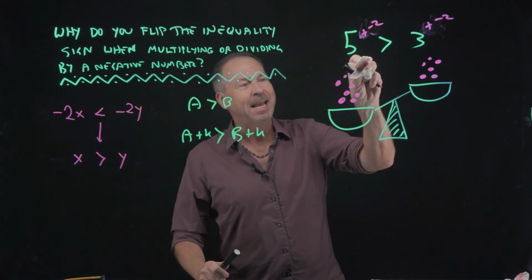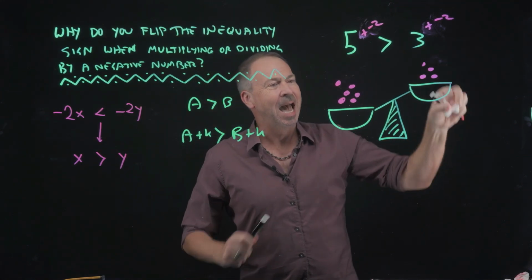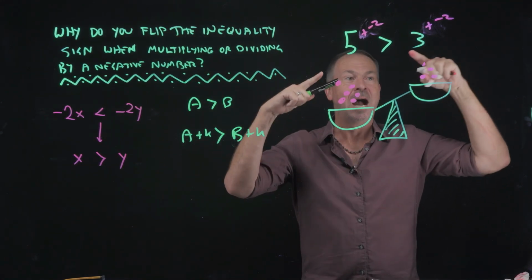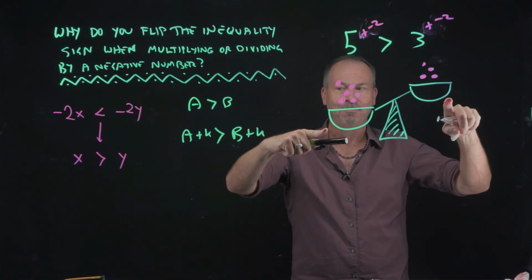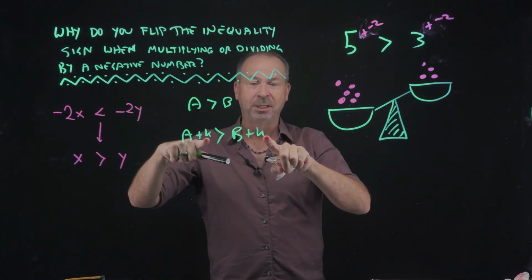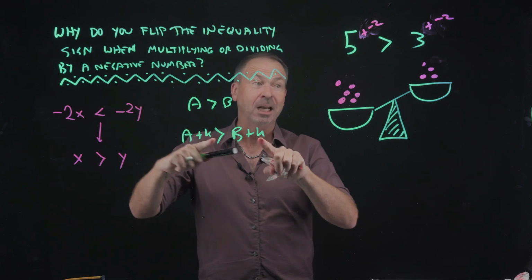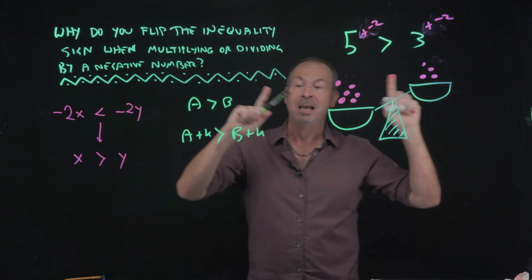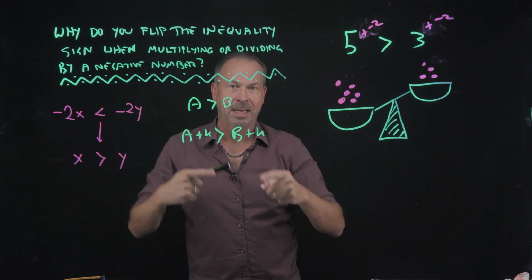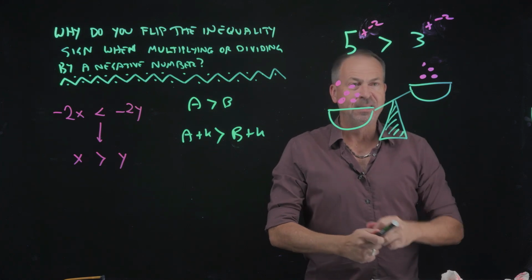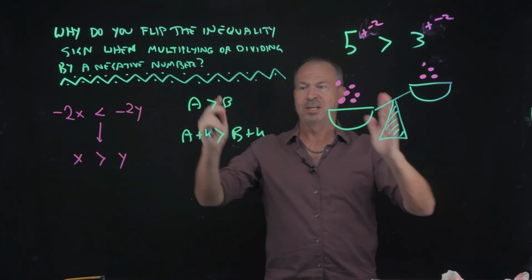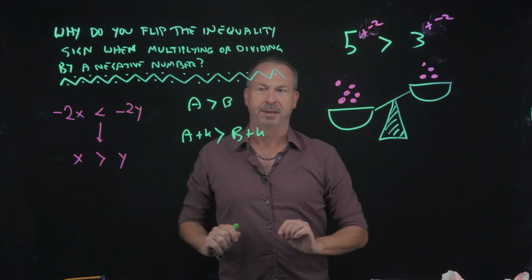I could subtract equal amounts of apples from both sides, and my intuition tells me in this model I will still have the same imbalance. So this number k could be positive, add apples to each side, or it could be negative, subtract apples from each side. Either way, truth is maintained. So this physical model that motivates inequalities suggests we should believe this statement of inequalities.